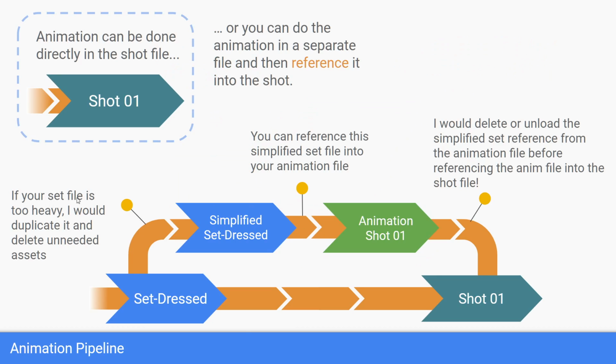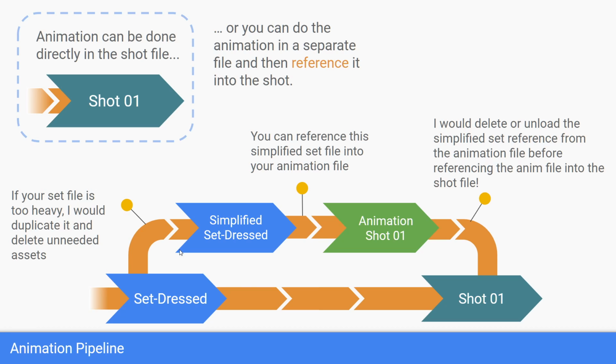So sometimes what I do is take that set dress file and make a duplicate or a copy of it. I would delete or unload anything that's not needed. So for instance, if I was doing a character ordering a cup of coffee at Starbucks, I don't need all of the Starbucks environment or all the other characters or any of the other assets.